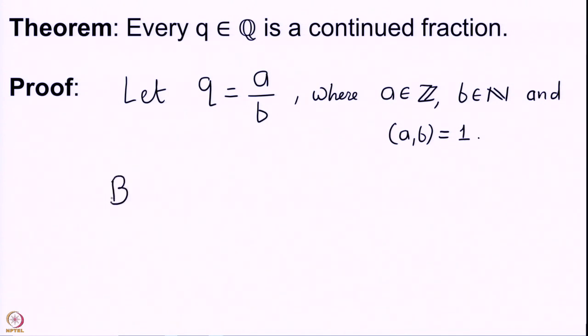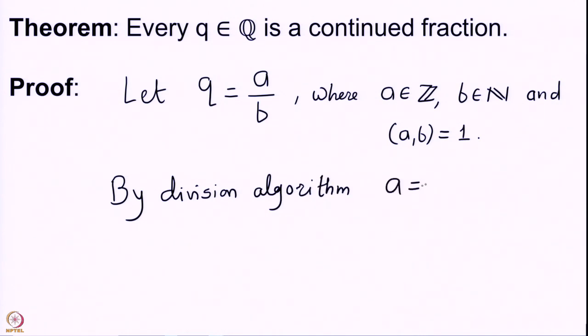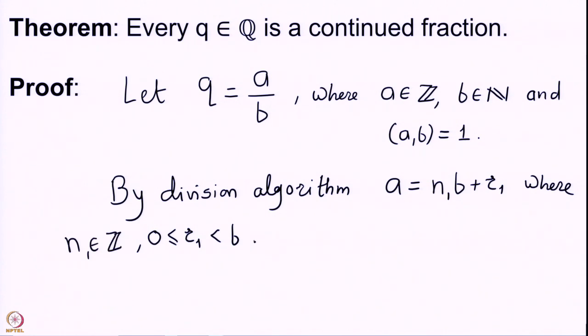So, by the division algorithm, a is going to be n1 b plus r1, where your r1 is strictly less than b, and of course, you have that n1 is an integer.